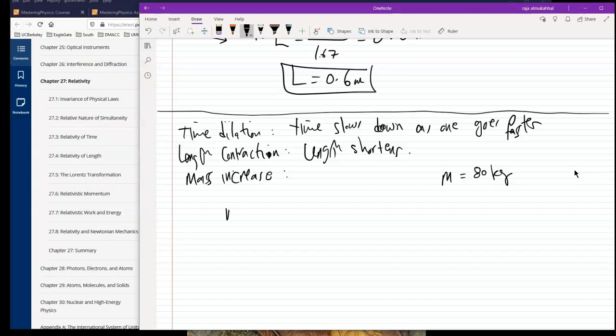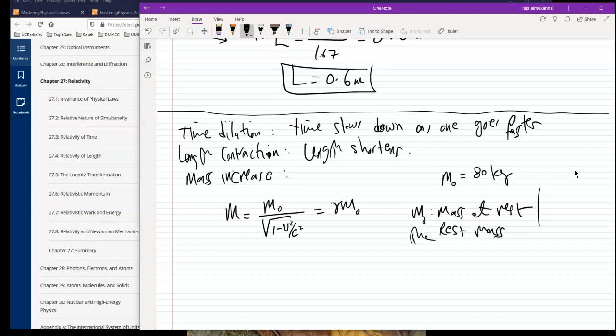So, mass increases: m equals m naught over the square root of 1 minus v squared over c squared. In other words, it is gamma m naught, with m naught being the mass at rest. m naught is the mass at rest, or the proper term for it, the rest mass.